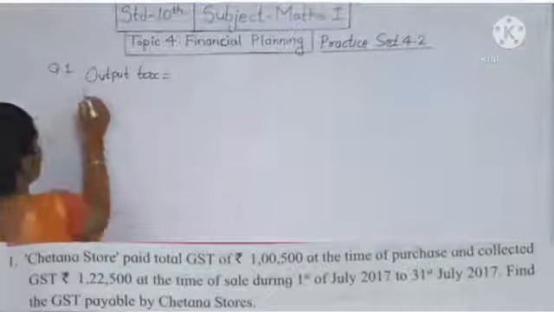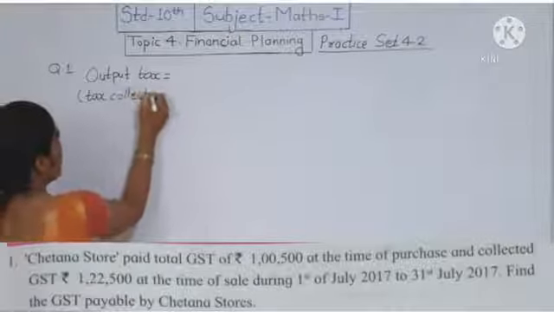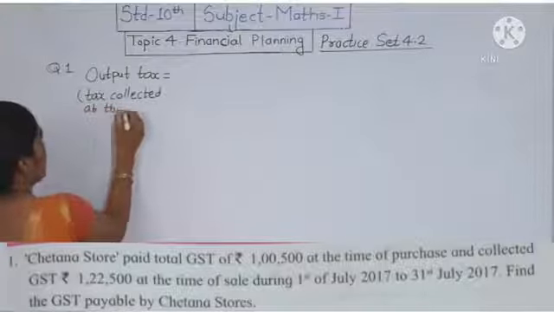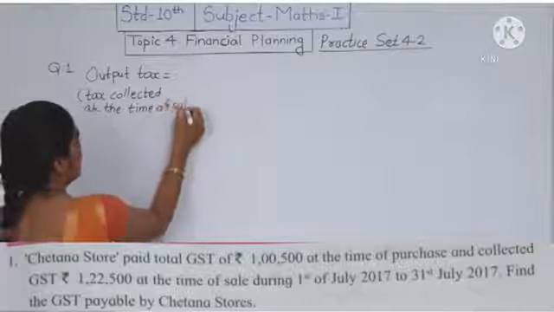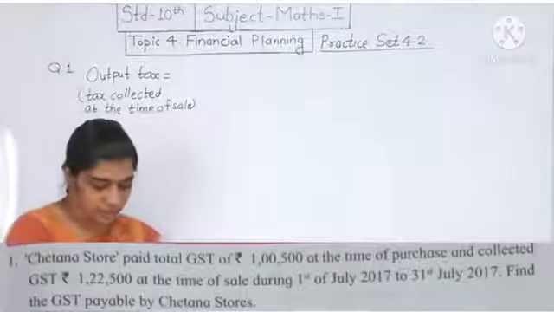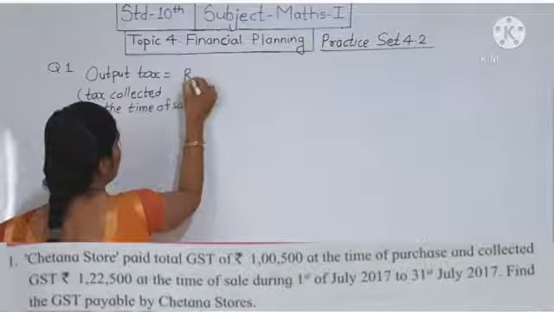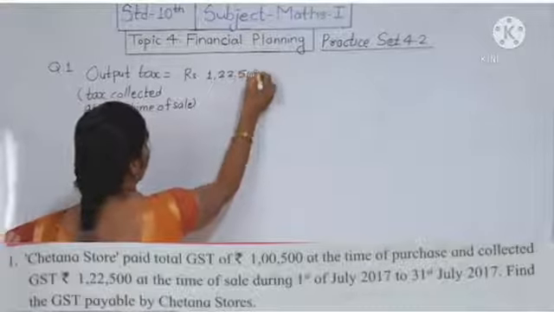Output tax means tax collected at the time of sale. It is given as rupees 1,22,500.